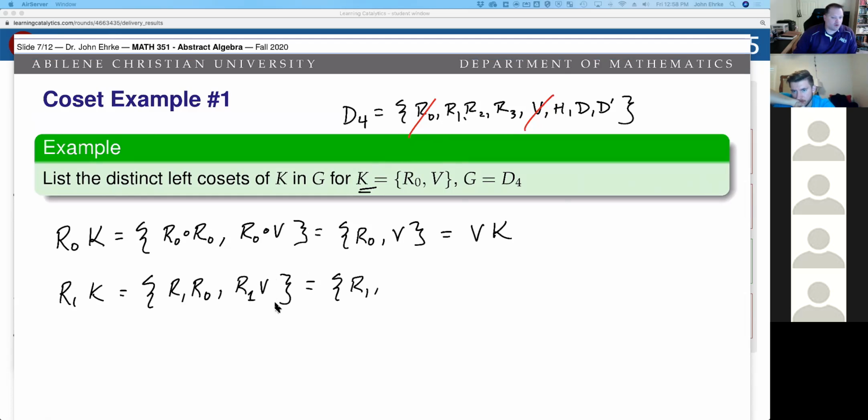This is helpful if you have the Cayley table for the dihedral group right next to you to look at. I think I have a quick one that I could get to here.